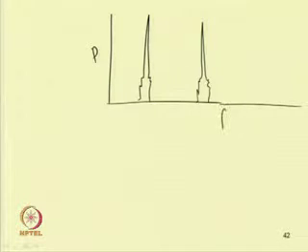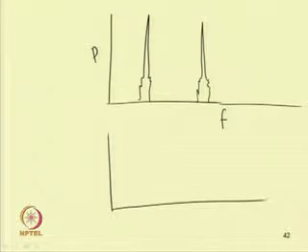This is the power P versus the frequency F. So, this is for the quasi periodic response. In quasi periodic response, one can find the frequencies and find whether they are commensurable or not.